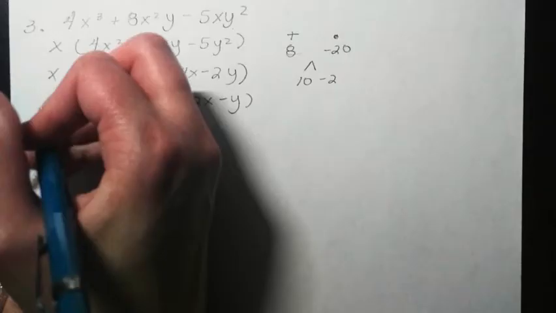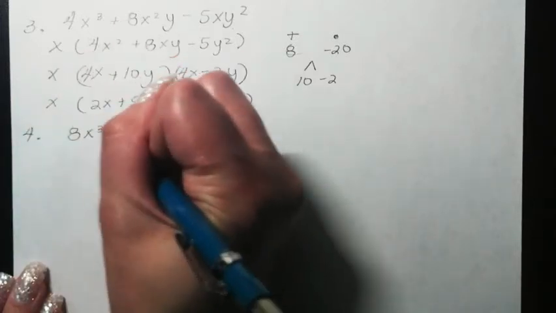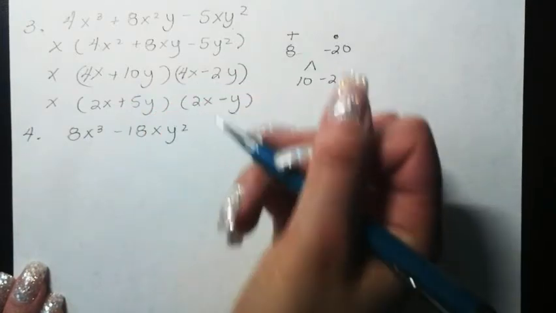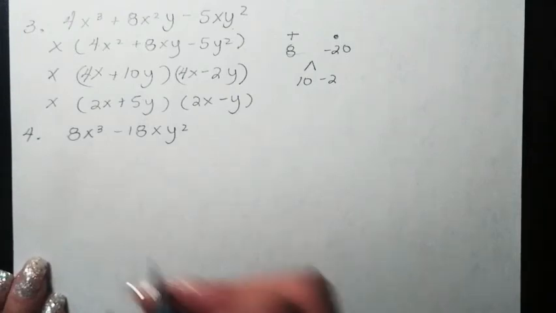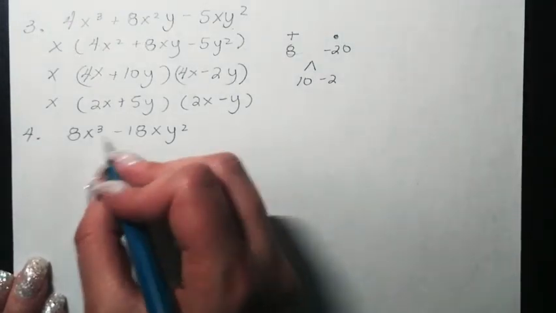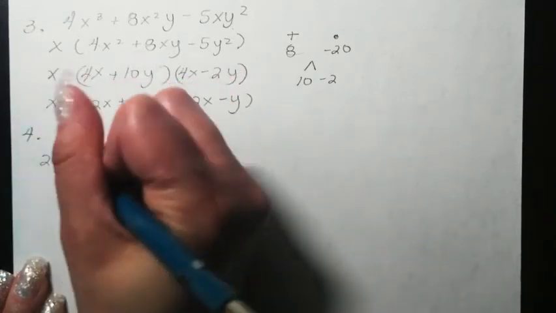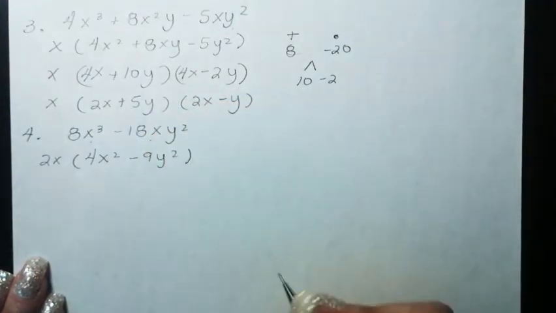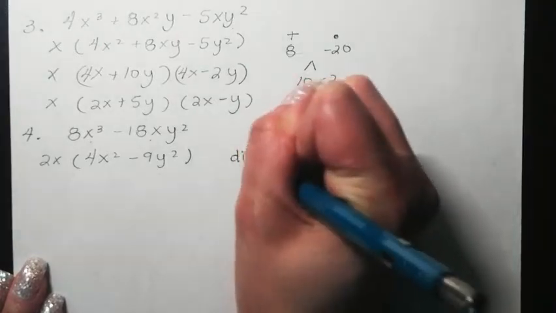For number 4, you have 8x cubed minus 18xy squared. Again, I would take out the greatest common factor first. You recognize that both are even, and you have x's both ways, so I would do 2x times 4x squared minus 9y squared. After that, you see the pattern, the difference of squares.